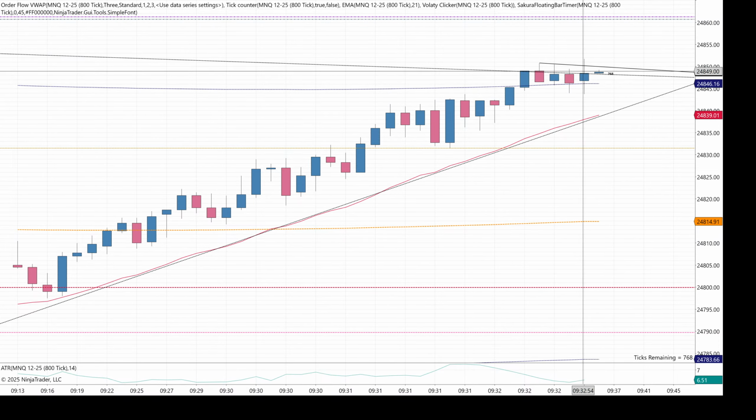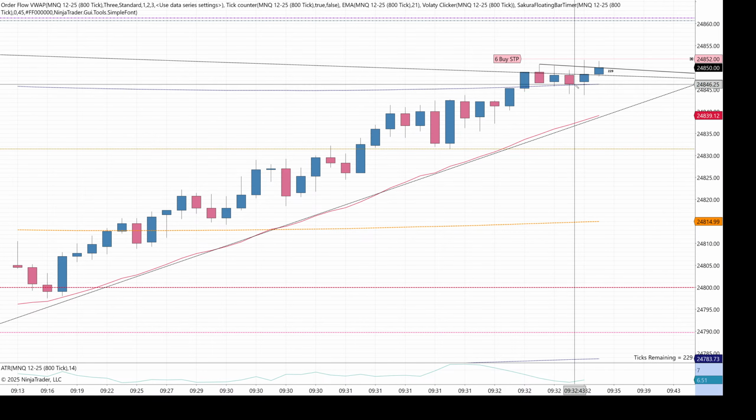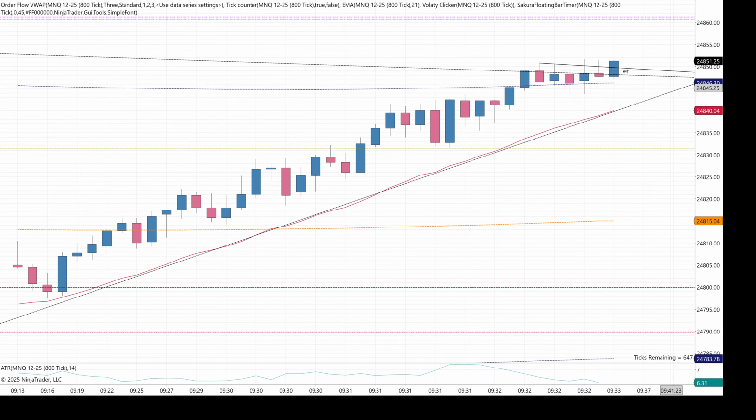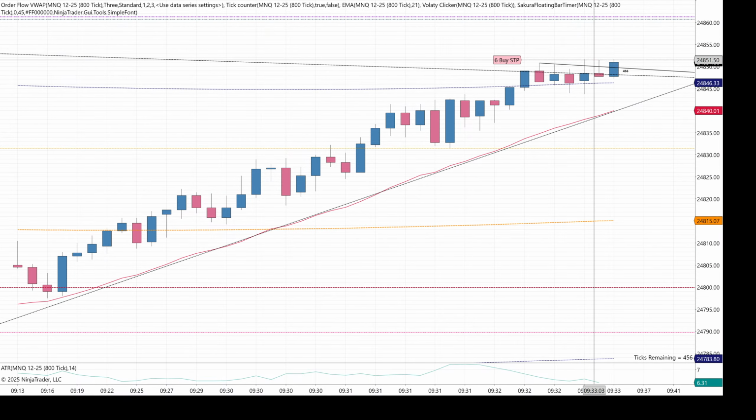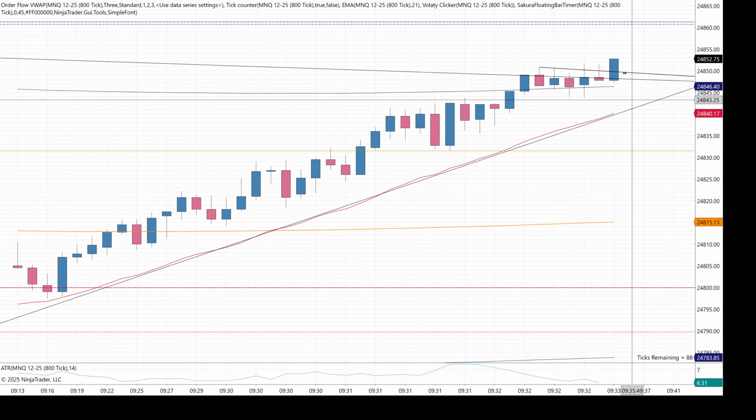Okay, this is going to be our next signal here, if we trigger higher. We did not. This one triggered higher, but it stopped out first.